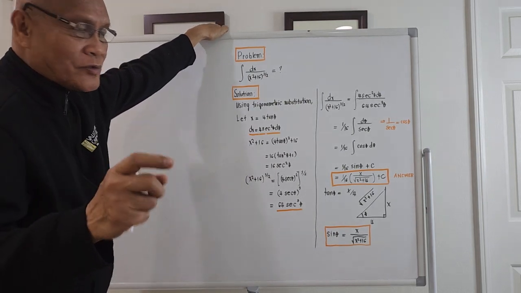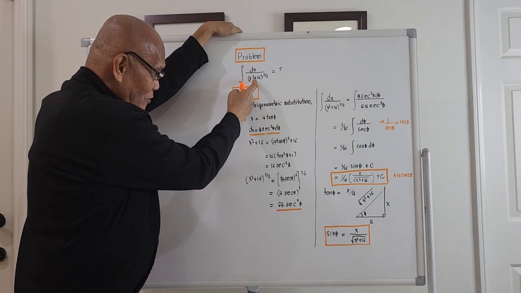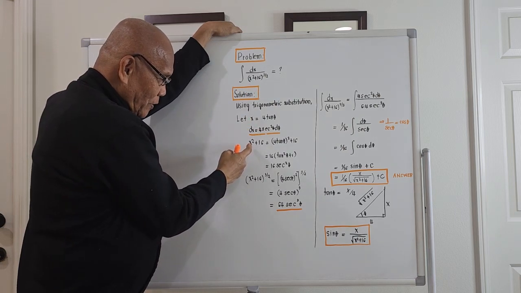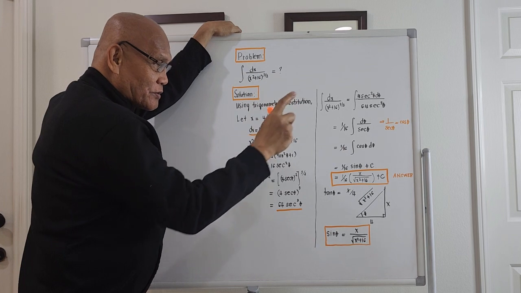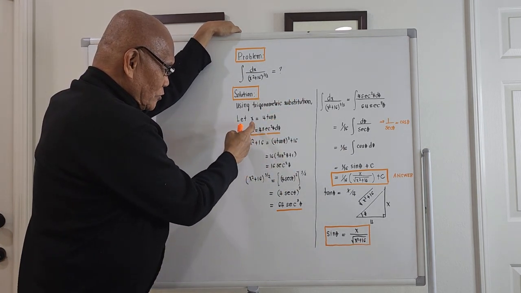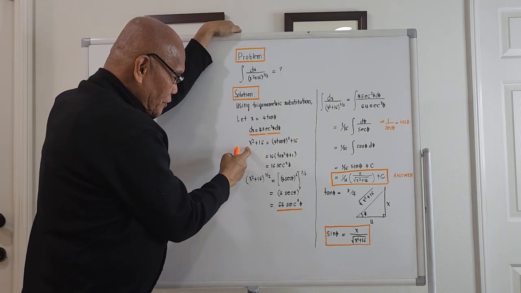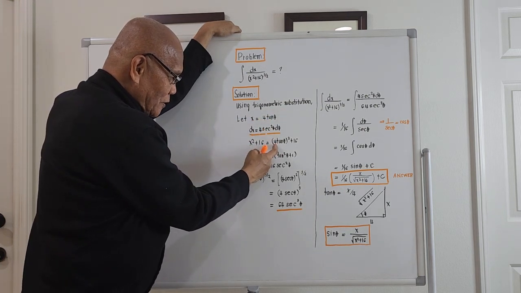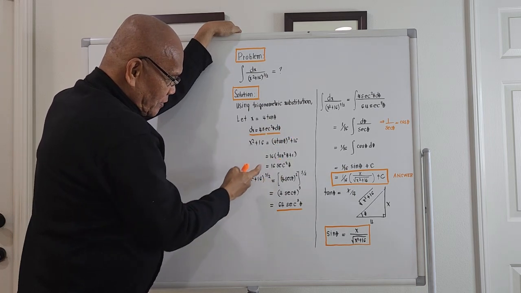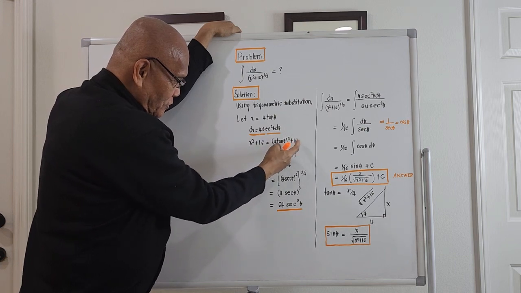Okay, let's compute the one inside the quantity. We'll compute x squared plus 16 in terms of a trigonometric function. If x is equal to 4 tangent of theta, x squared plus 16 will be the quantity 4 tangent of theta squared plus 16. This will be 16 tangent square of theta plus 16.